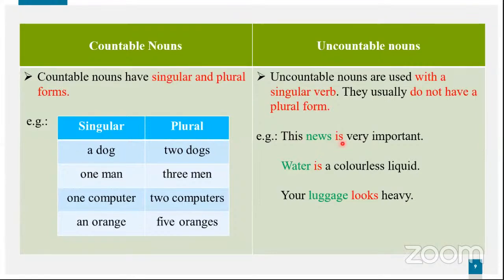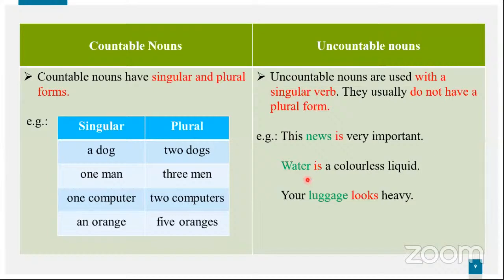So we use a singular verb with an uncountable noun. Now look at the second example. Water is a colorless liquid. So water is an uncountable noun.